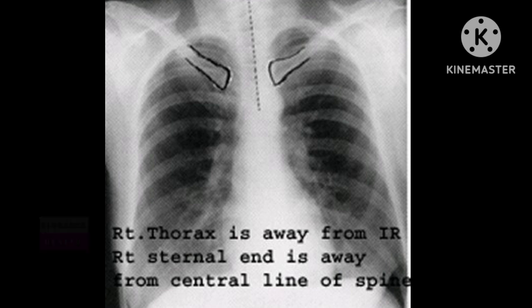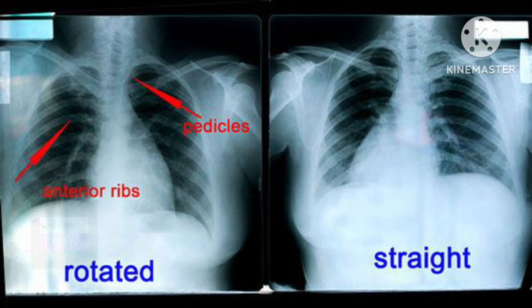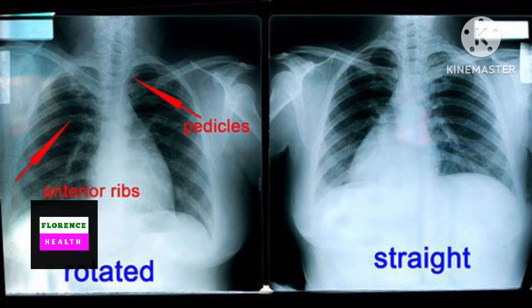So you can tell whether it is a rotated X-ray or a non-rotated X-ray. You can imagine why the left side is a rotated and the right side is a non-rotated X-ray.